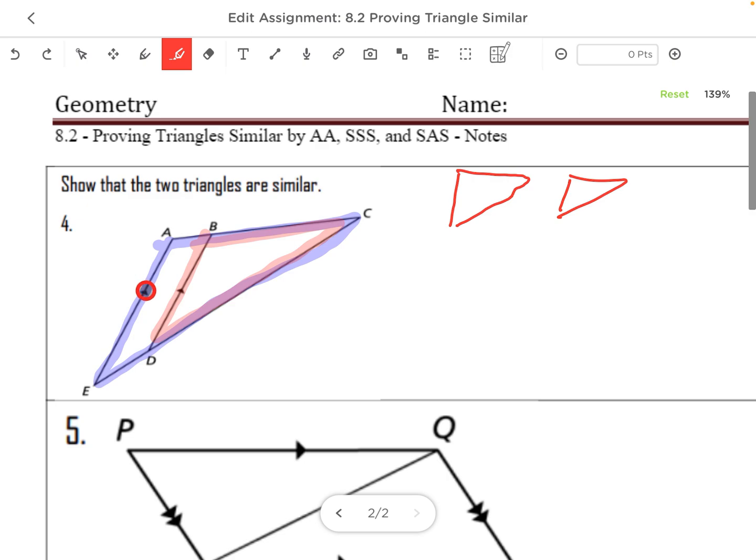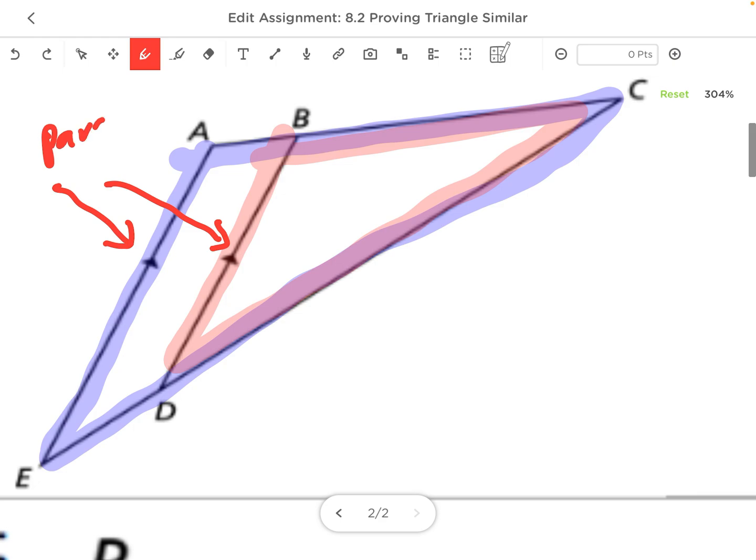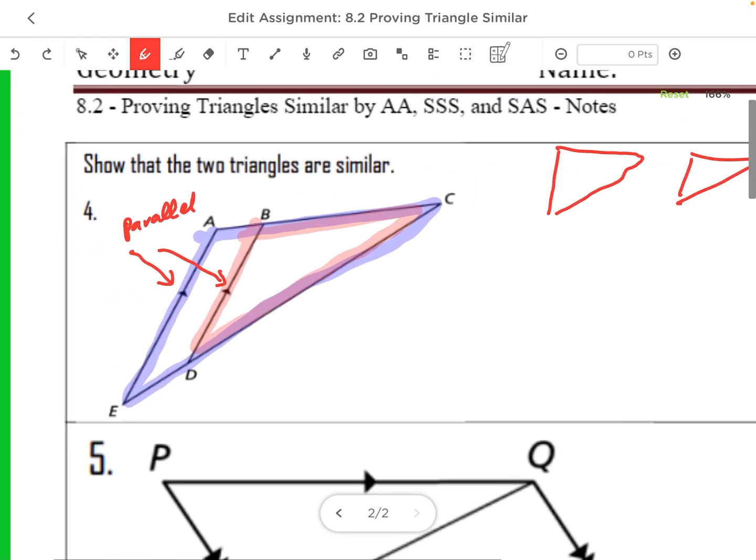Now, let's look at the information. So we see this and this. This tells us that these are both parallel, right? That's what that tells us. So we're putting all our information together, right? What if those are parallel? Then we can think if these are parallel lines cut by this transversal, then this angle is equal to that angle, right?